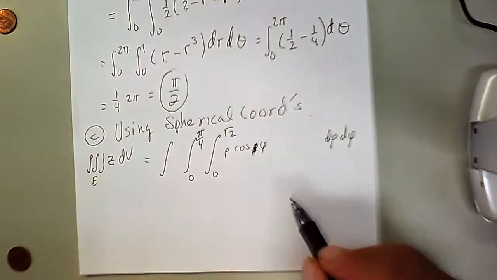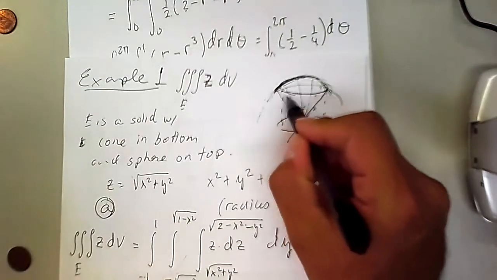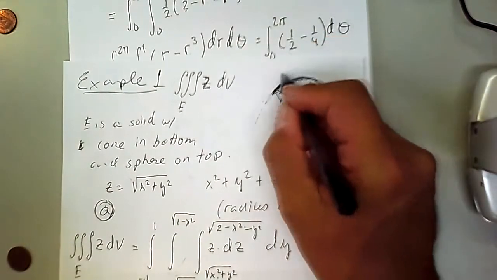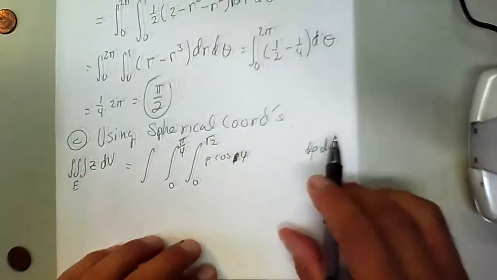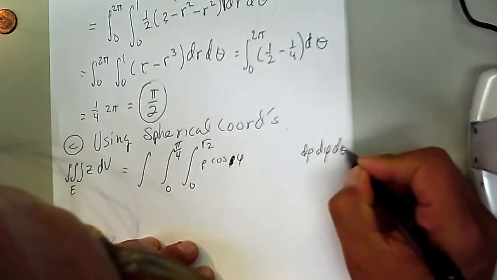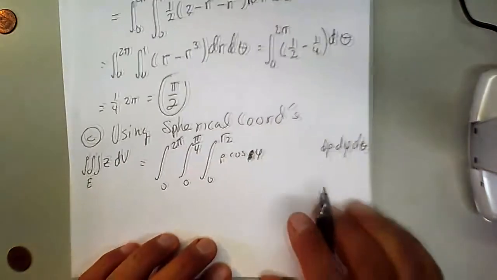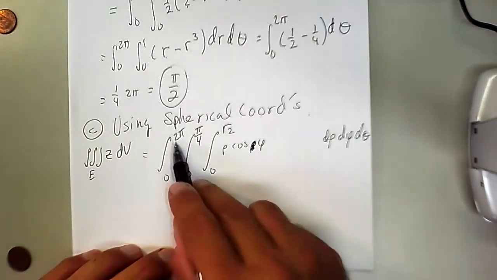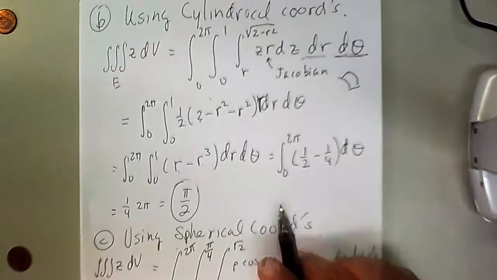And then theta, well, this ice cream cone is the same all the way around. We're not cutting a piece out of it. So theta is all the way around, which means that theta goes from 0 to 2 pi. Okay, so the first thing to notice is that those are nice numbers, solid numbers, as opposed to back here.